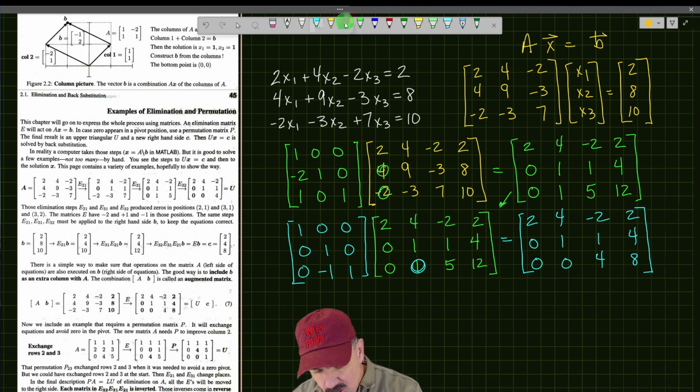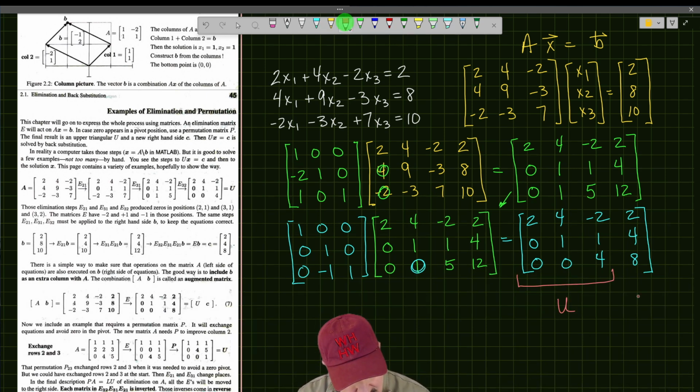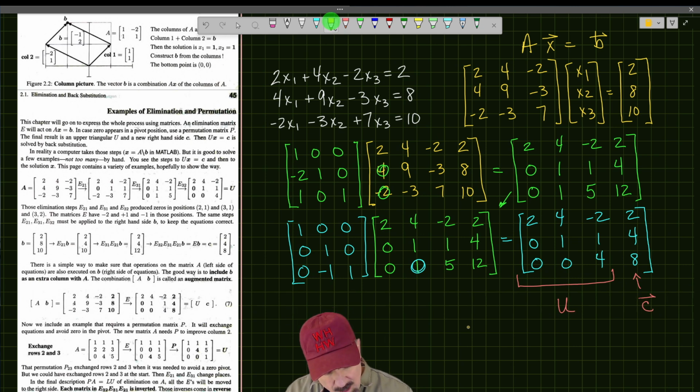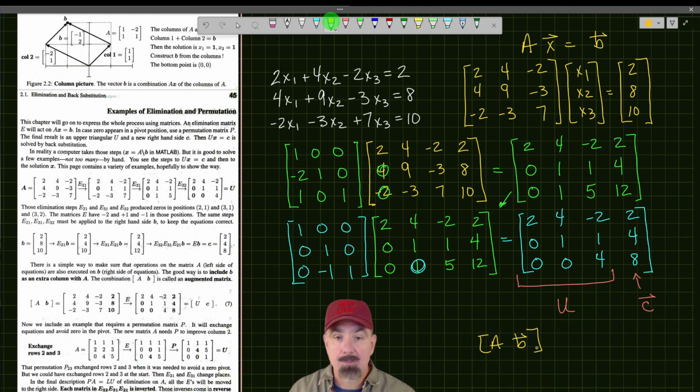Just to orient you, this is the U matrix and this is the C vector, because again, remember, they're augmented. We put them together. So the process: we created the augmented matrix AB, where we put in B as an additional column.